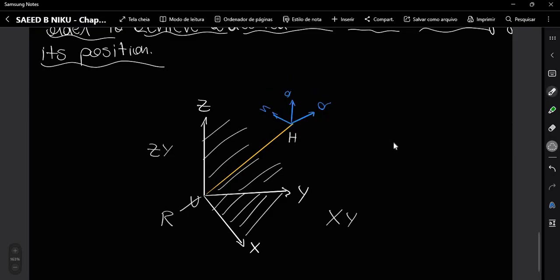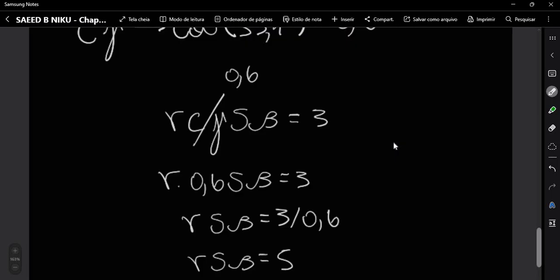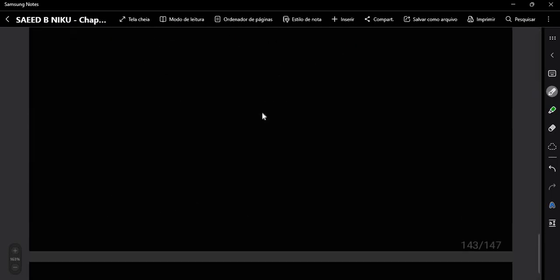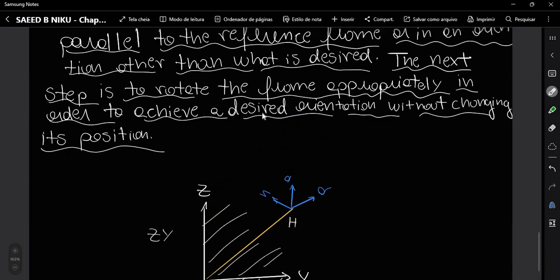Okay, so if we do a rotation on the end effector, where we have attached a reference frame, this way we can change its orientation.